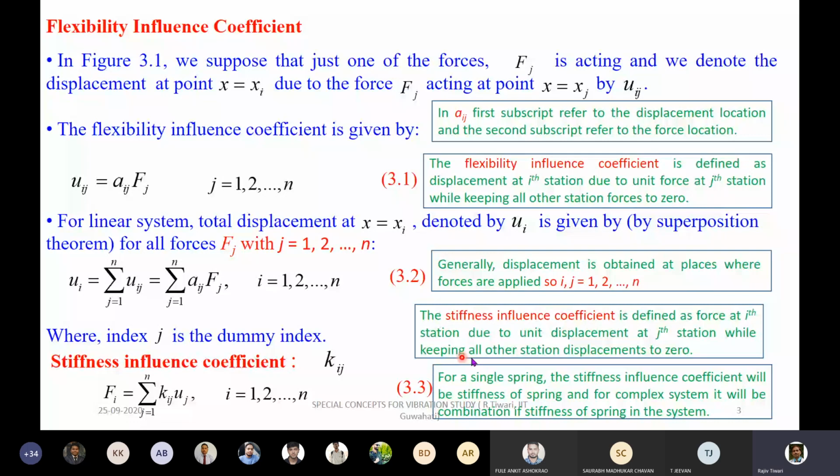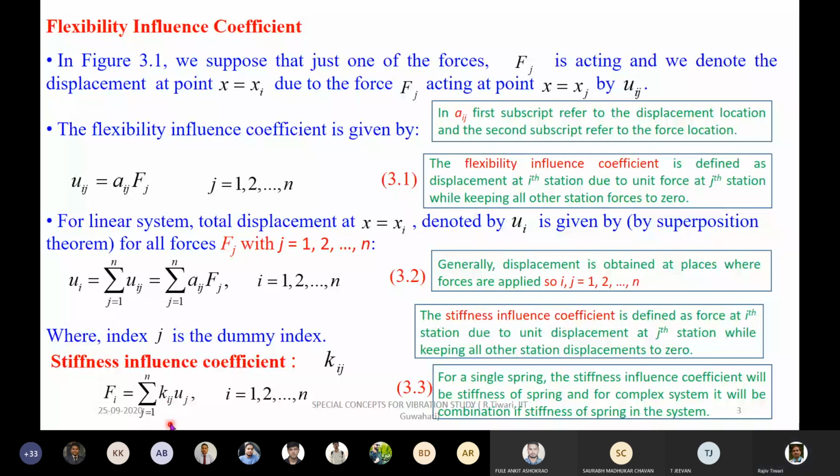So here we will keep the jth location displacement 1, and the rest will be kept 0. Then in Kij, i represents the force location, and j represents the displacement location. Similar to the flexibility influence coefficient, here the subscript meaning has changed because flexibility and stiffness are inverse.